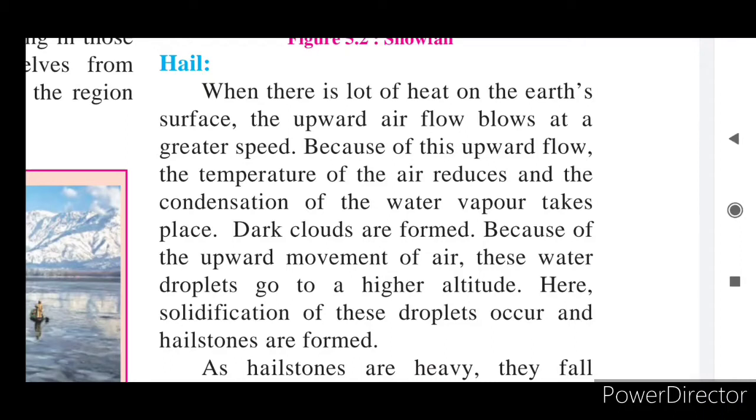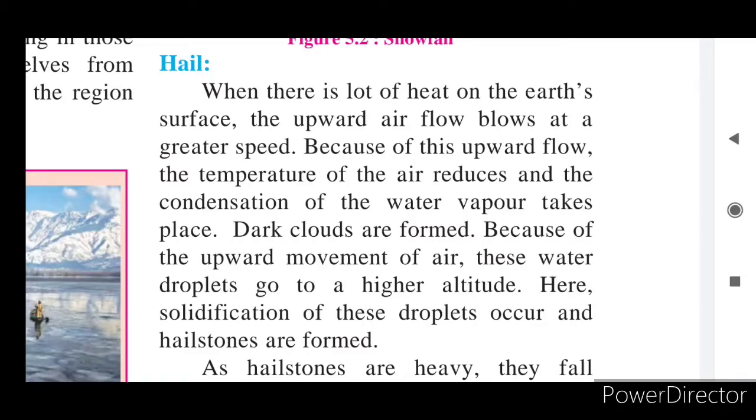So here it is said that in the daytime, on the earth's surface, there is a lot of heat. So due to heat, the air becomes very light, and that air is flowing upward as the temperature is reducing. So the condensation process takes place, and the vapor will convert into water.